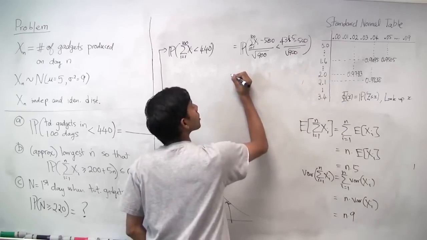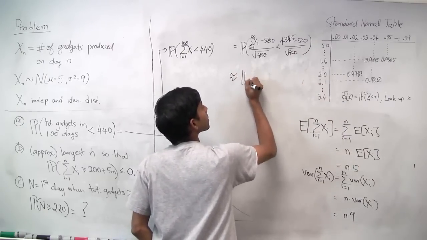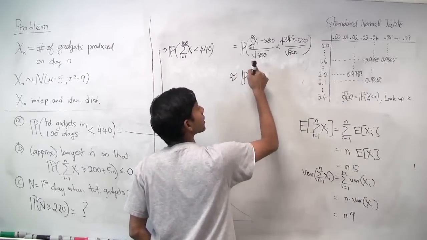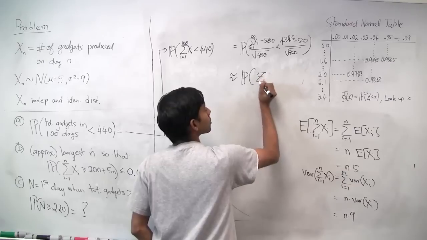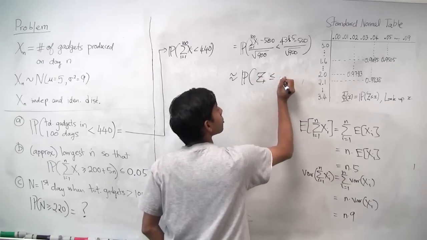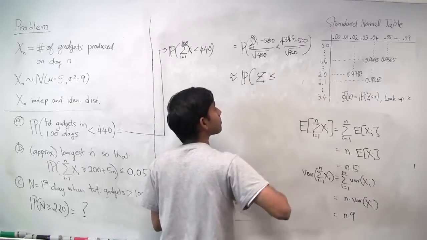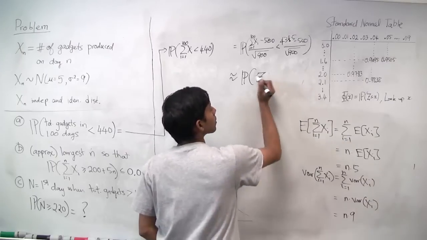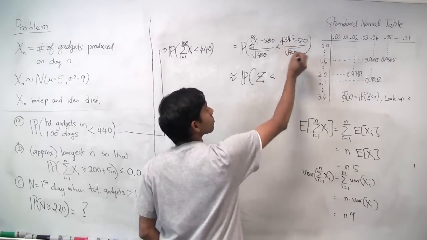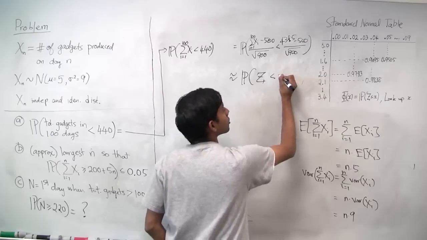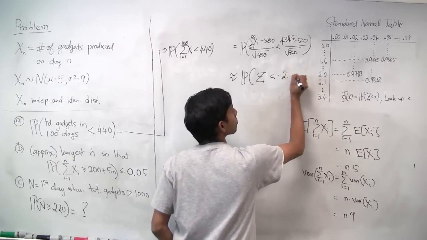Let's call Z the standard normal. This is approximately equal to the probability of a standard normal being less than whatever that is, and if you plug that into your calculator, you get negative 2.02.